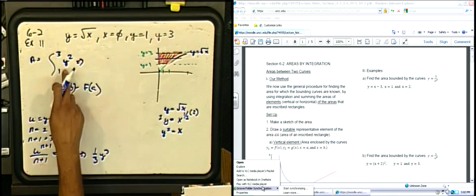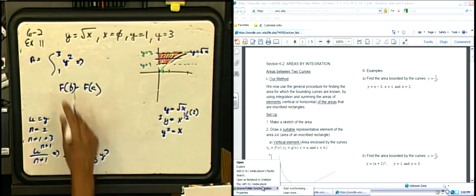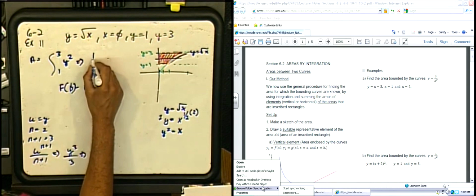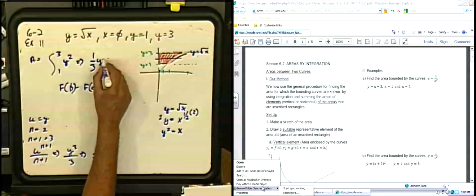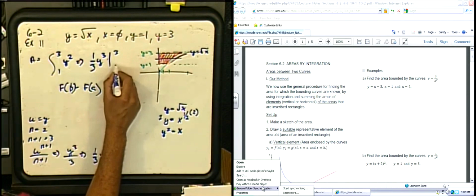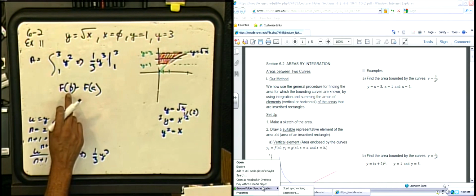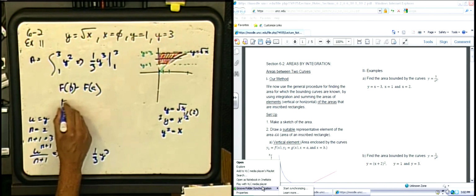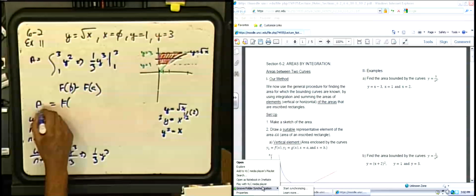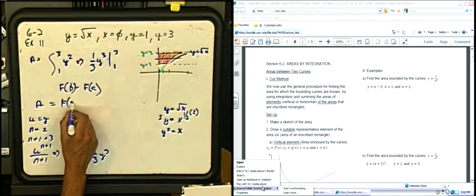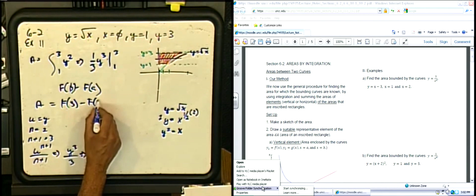So the antiderivative equals 1 over 3 y cubed, upper limit, lower limit, equals f of 3 minus f of 1.